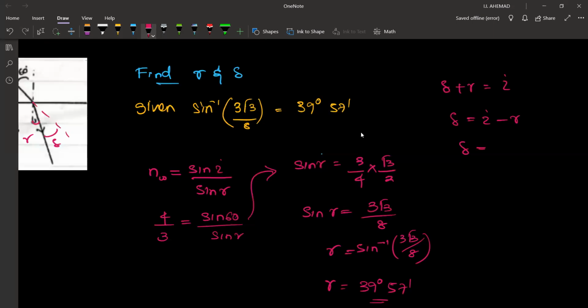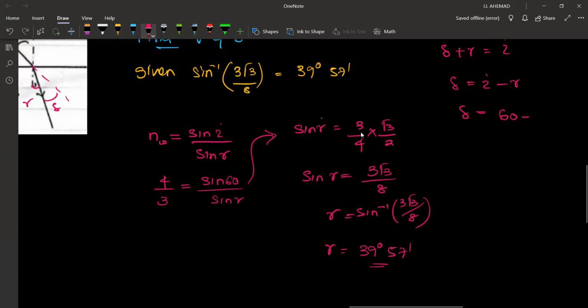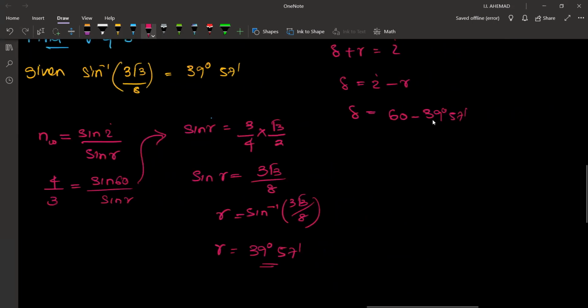So delta is equal 60 minus 39 57. Mm, 20 degree and 3 minutes.